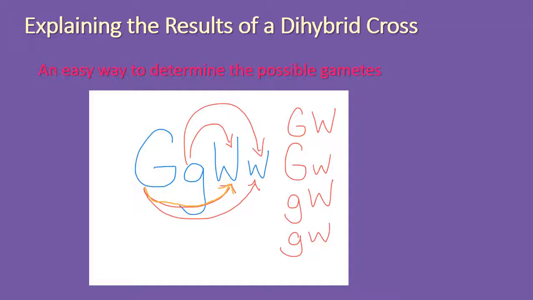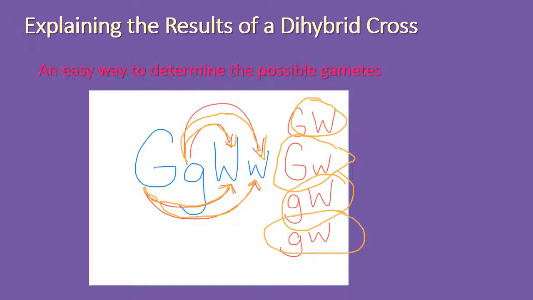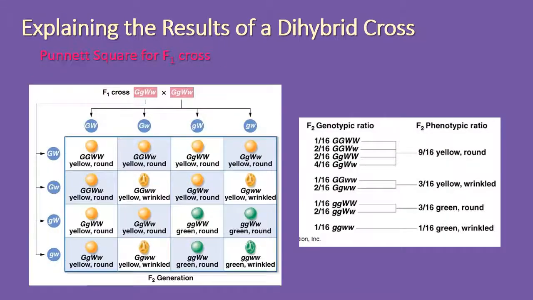So you've got big G, big W here, and then big G, little w here, and then little g, big W here, and finally, lastly, little g, little w here. And so that's just a quick and easy way to come up with the 4 possible gametes that get formed during meiosis for each parent.